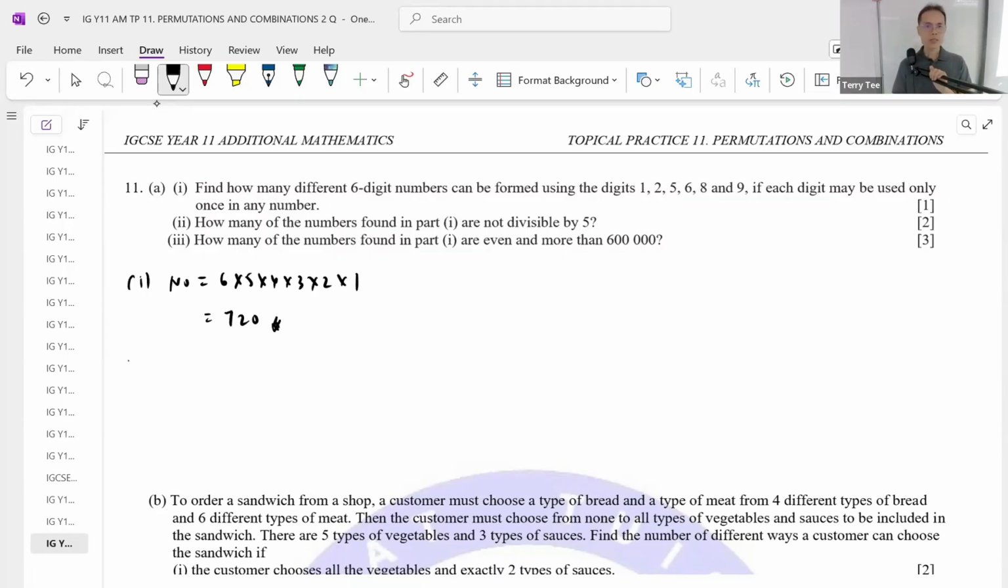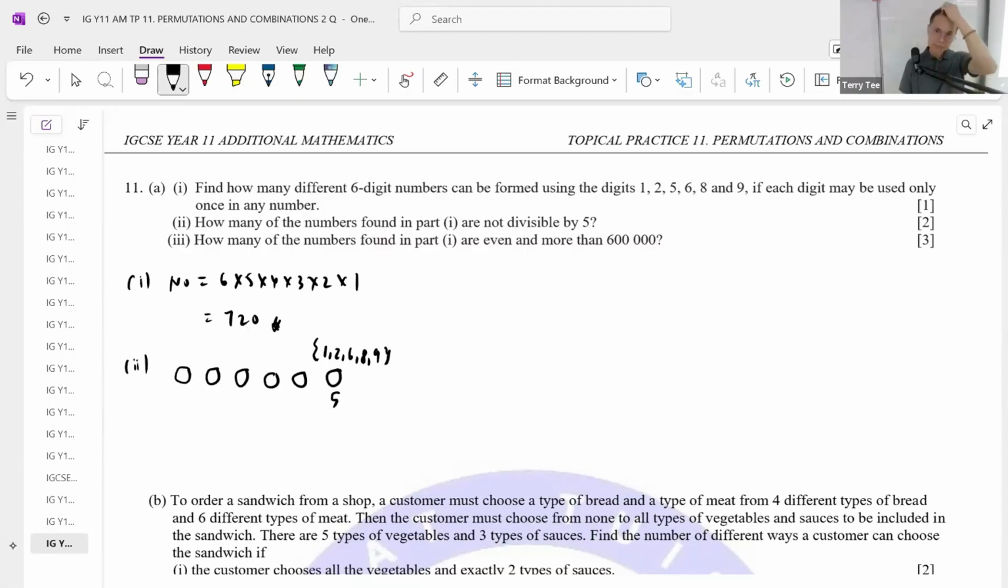Okay. Now, how many of these numbers are not divisible by 5? Not divisible by 5 means you cannot end with 5. So let's draw 1, 2, 3, 4, 5, 6. Not divisible by 5 means the last digit is 1, 2, 6, 8, or 9. Right? So how many ways here? There are 5 ways.